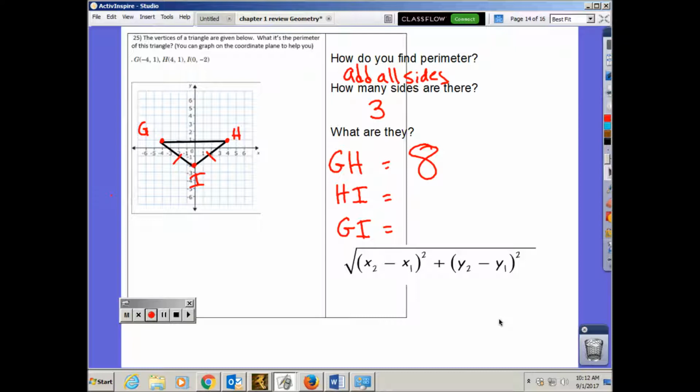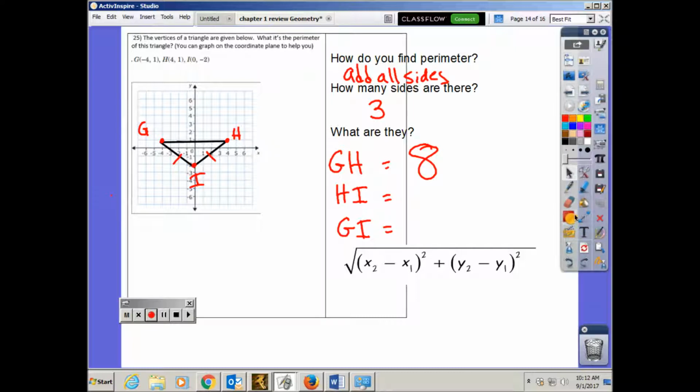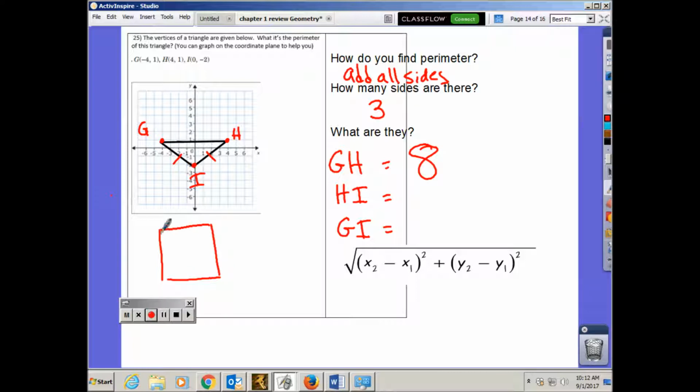Okay? The other thing I have had is I've had some students say, Mrs. Falk, I get confused about what's x2 and what's x1, so we can make a little chart here. I'm going to label this x, y, 1, 2. Just because I'm right here, I'm going to use G and I as my point 1 and my point 2.